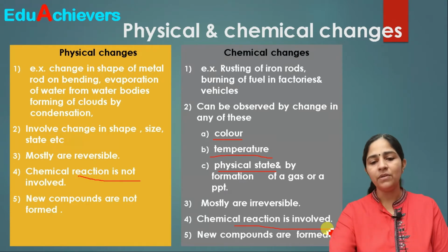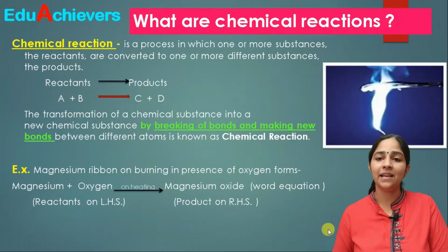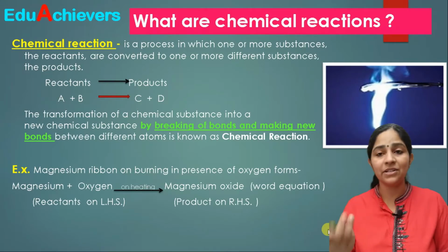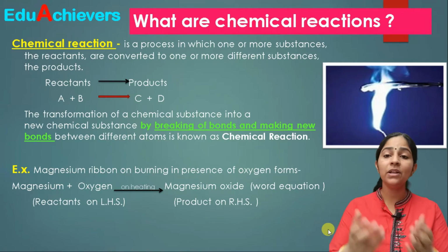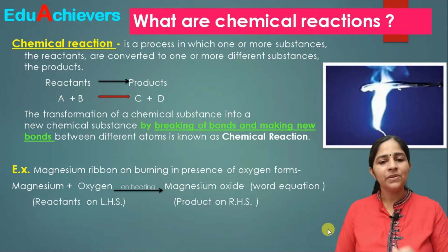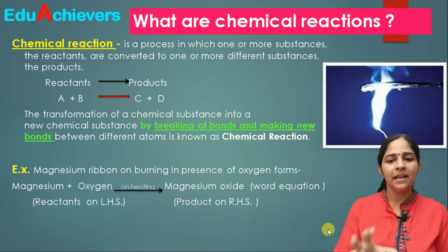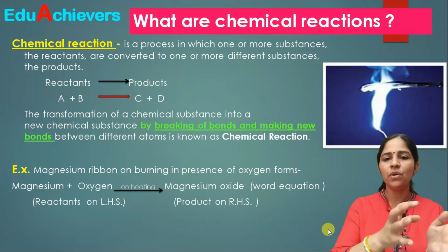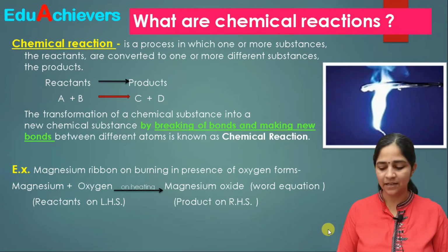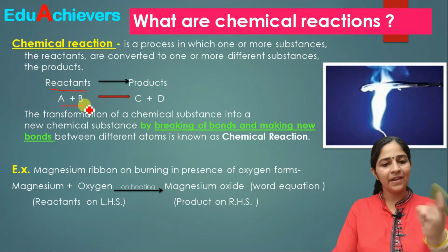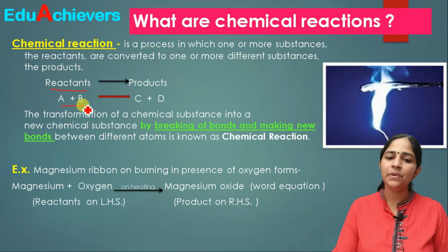Now, we are talking about chemical reactions taking place in chemical changes. So what are those chemical reactions? We need to understand that a chemical reaction is a process, correct? Here two or more substances are called reactants. I'm taking the example of reactants A and B: two substances react together and form the products C and D, correct?